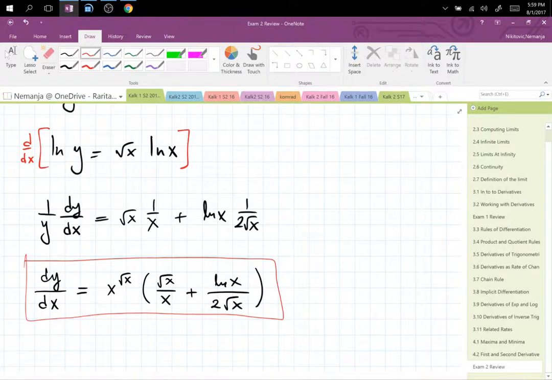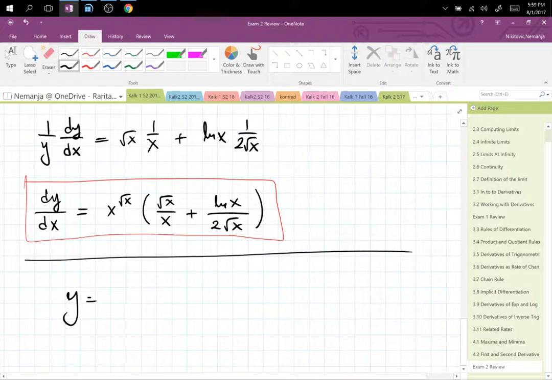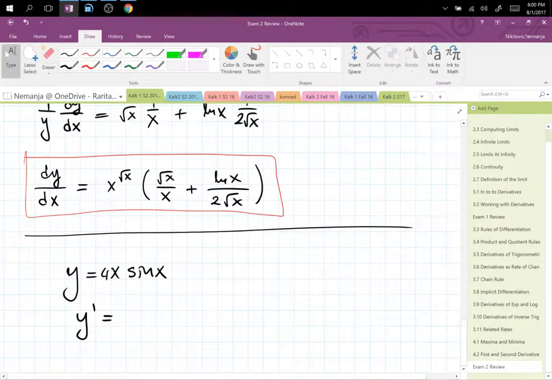Yes, sir. y equals 4x sin x. The derivative. So what are we using here? Product rule. So we see that we have two functions multiplying each other. Call this one f, call this one g.